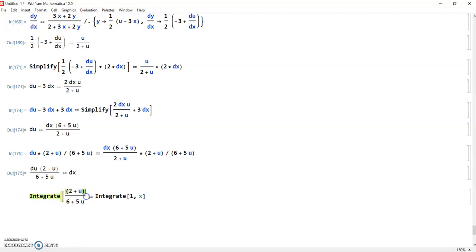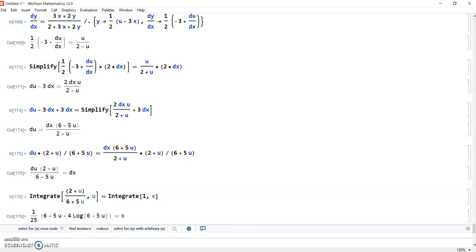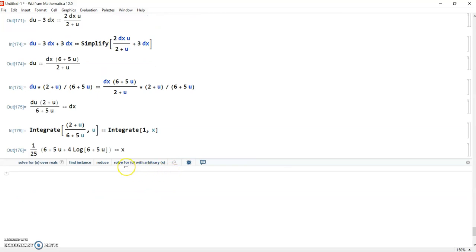This integrate will be with respect to u. Yes, now it's complete, so shift enter, so I will get this value.